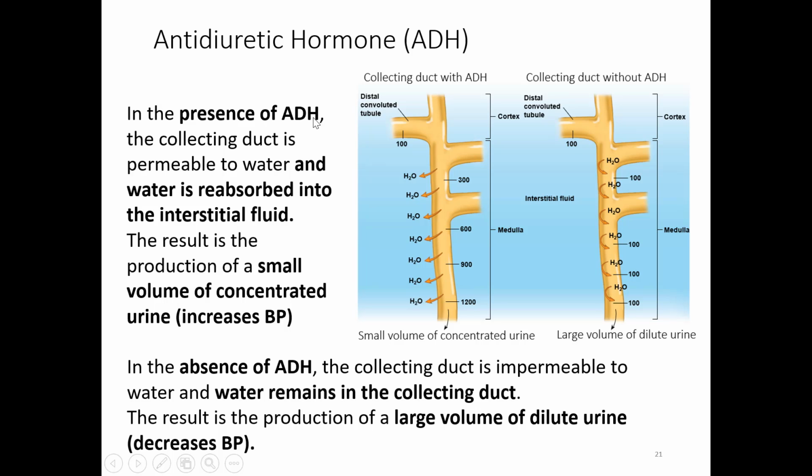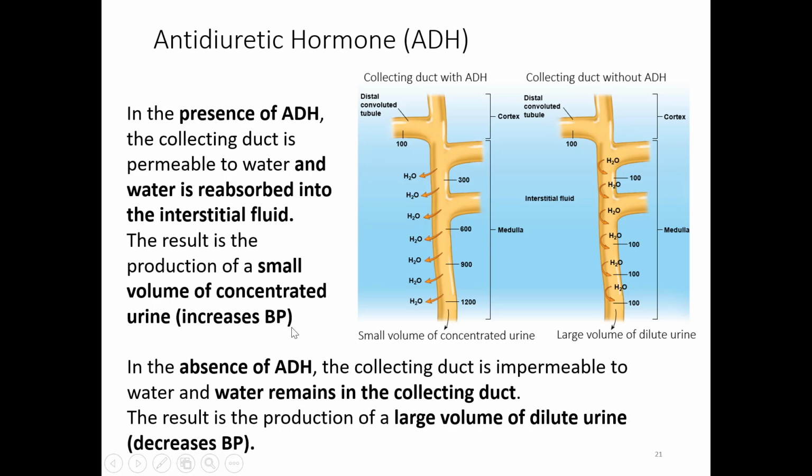So in the presence of ADH, the collecting duct has a lot of those aquaporins, and it becomes permeable to water. Water is reabsorbed back into the interstitial fluid, then it goes back to the blood. As a result, the amount of urine decreases, but it becomes concentrated.